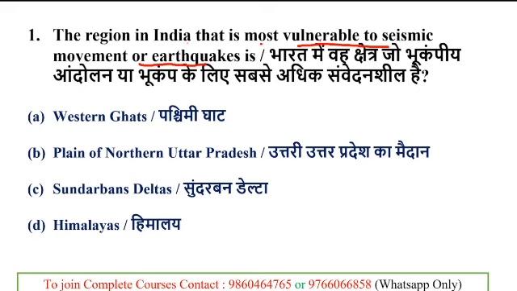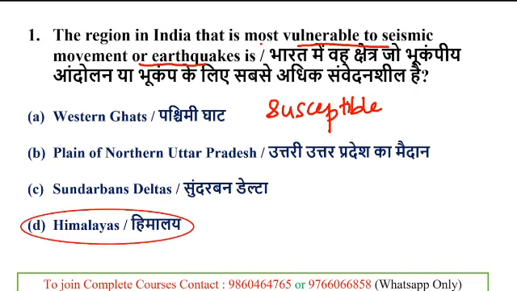And the region in India that is most vulnerable to seismic movement or earthquakes. This question deals with seismic movement or earthquakes in India, and the region that is most vulnerable, most susceptible, that is the spelling, is the Himalayas. The Himalayas is a hilly area, and for earthquakes that will really make a dangerous situation, because in the hilly region the tectonic plate or seismic movement will cause damages and also cause earthquakes in that region.